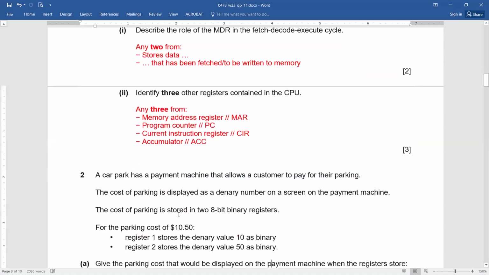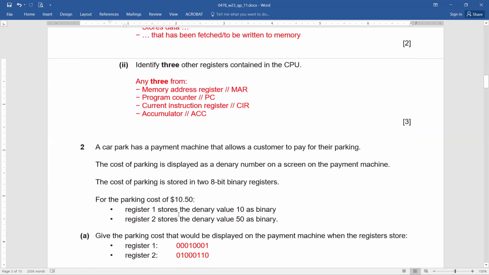Okay, question number 2. A car park has a payment machine that allows a customer to pay for the parking. The cost of parking is displayed as a denary number on a screen on the payment machine. The cost of parking is stored in two 8-bit binary registers.